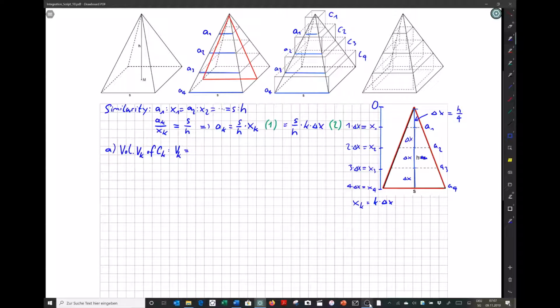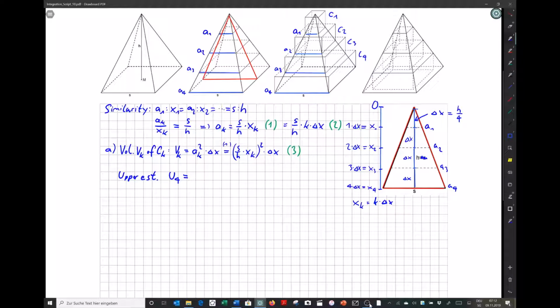Now let us find the volume of cuboid k, which is actually just ak squared times delta x. And using 1, this becomes S divided by H times xk, the whole thing squared, times delta x. And let me name that 3.